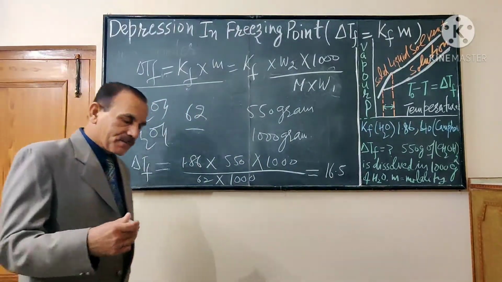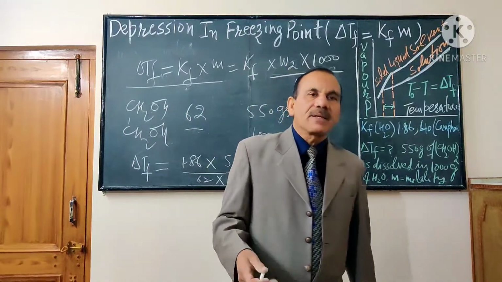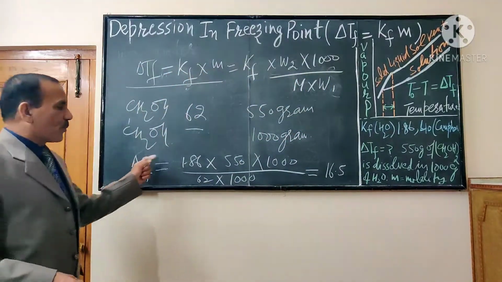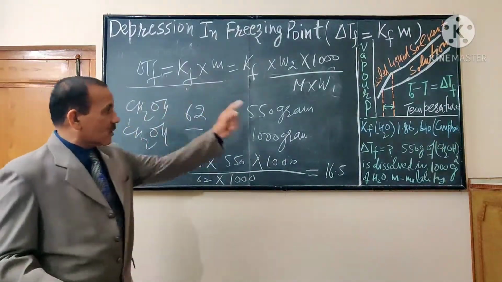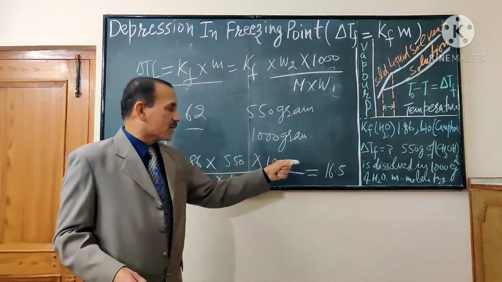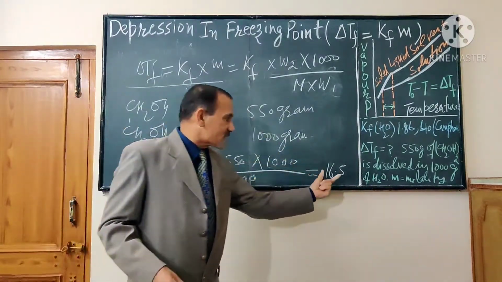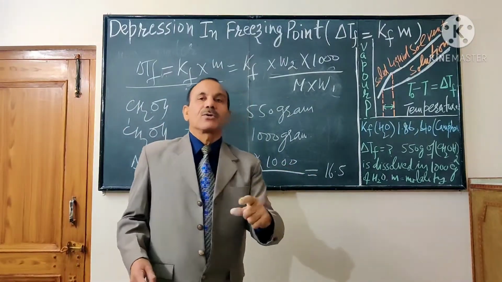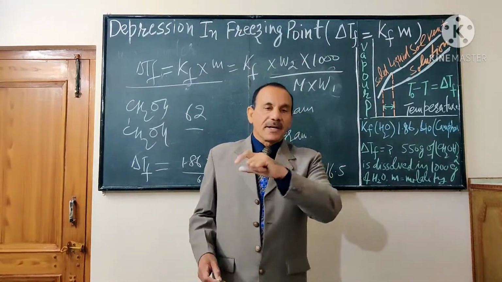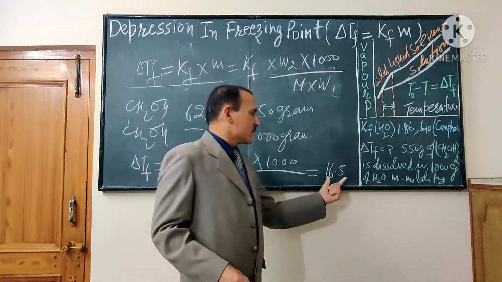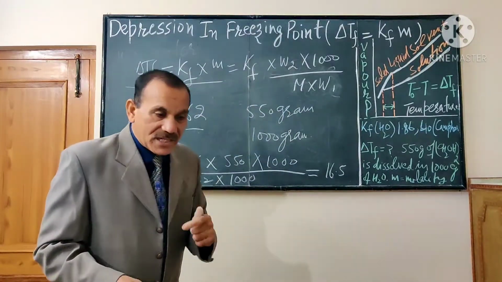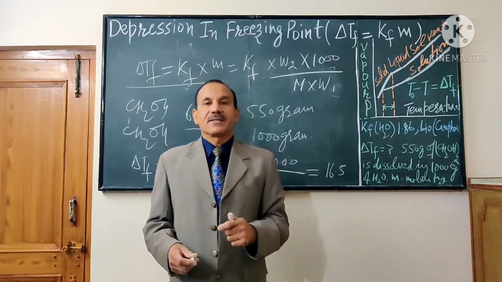The difference may be in degree Celsius or it may be in Kelvin. It means the freezing point of this solution of glycol in water is less by this number as compared to the freezing point of water. Freezing point of water is 0 degree Celsius. It means the freezing point of this solution is minus 16.5 degrees Celsius.